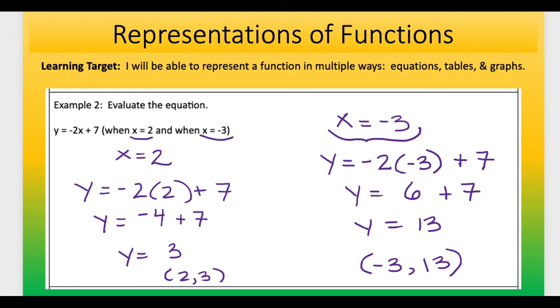I also, if I wanted to, could put it as a table of values and then just solve for y. So when x was 2, y was equal to 3, and when I substituted an x with a -3, I got y equals 13. So I just want you to see that you can write these answers in multiple different formats.